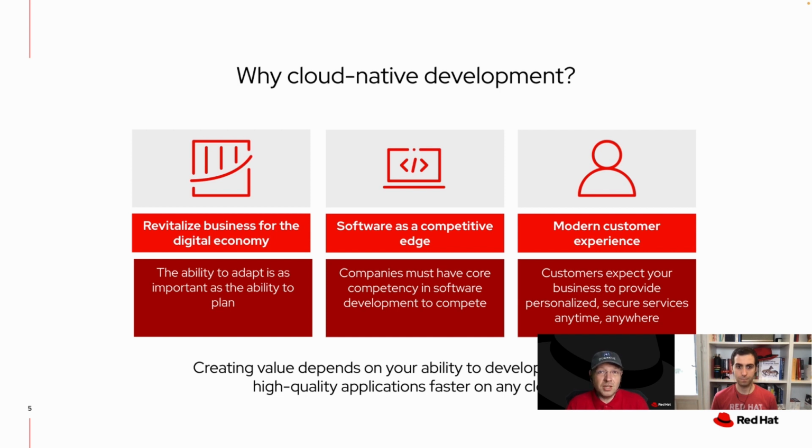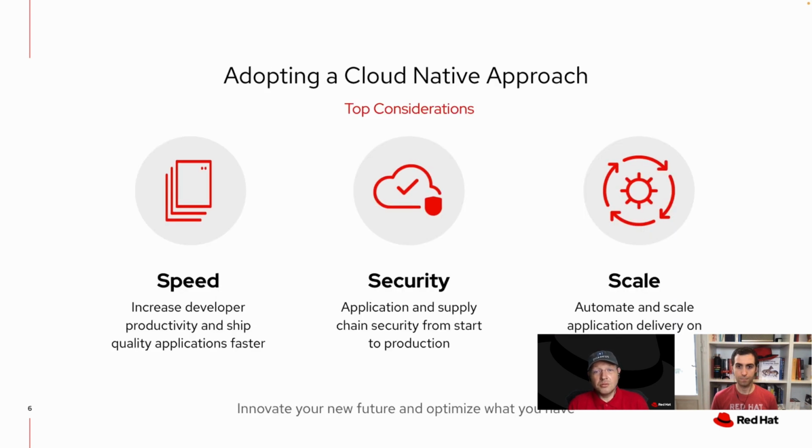We need to be able to deliver a modern customer experience as an industry. And in order to do this, cloud native has proven to be the most effective way. It delivers the speed necessary by increasing developer productivity.